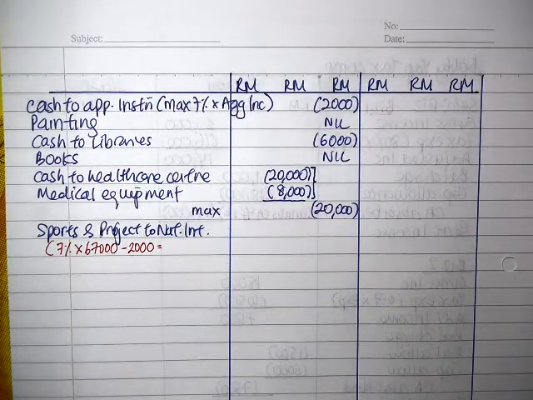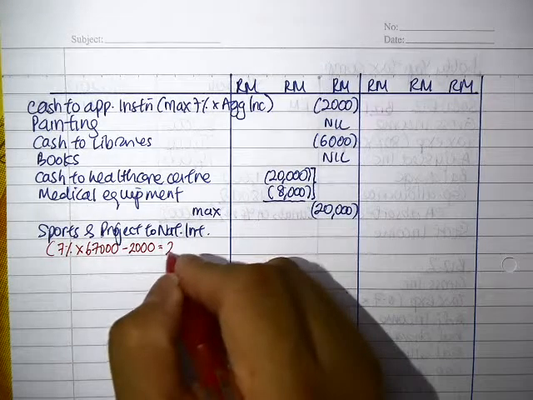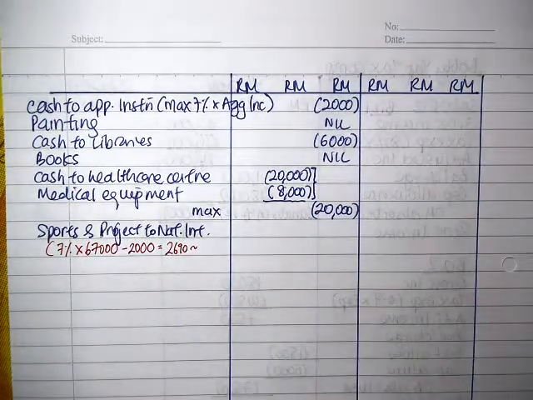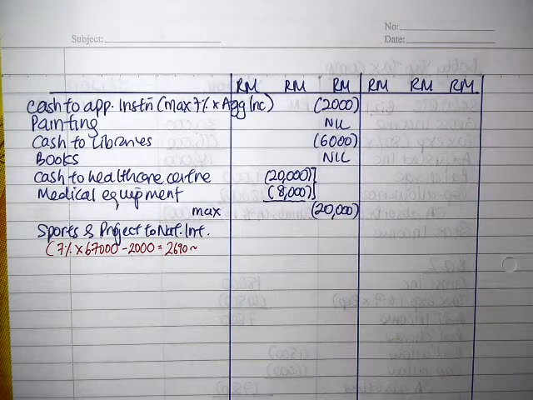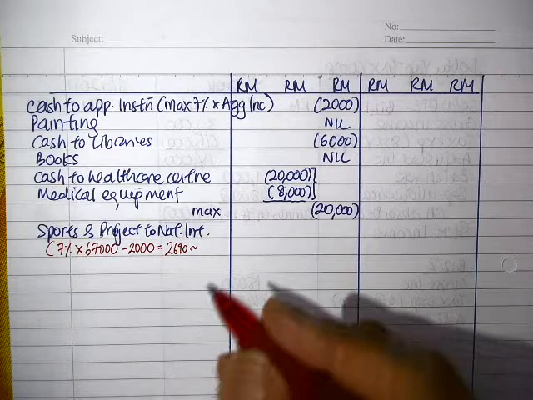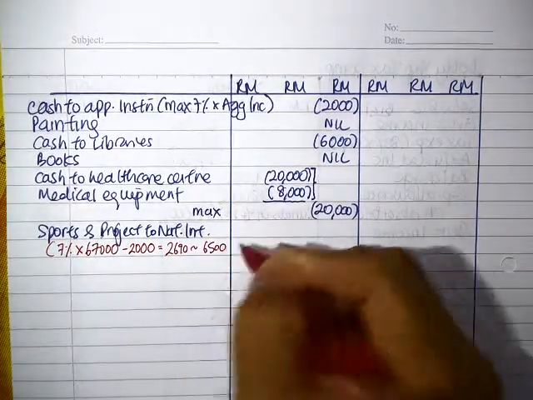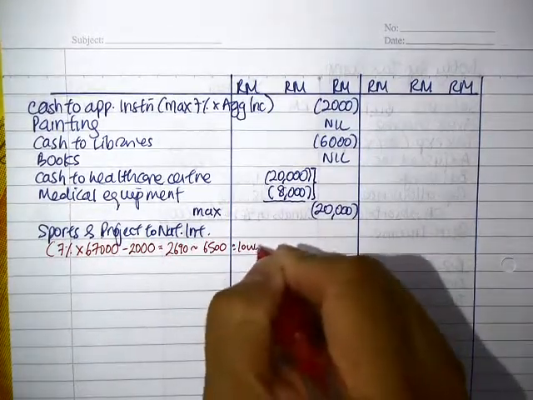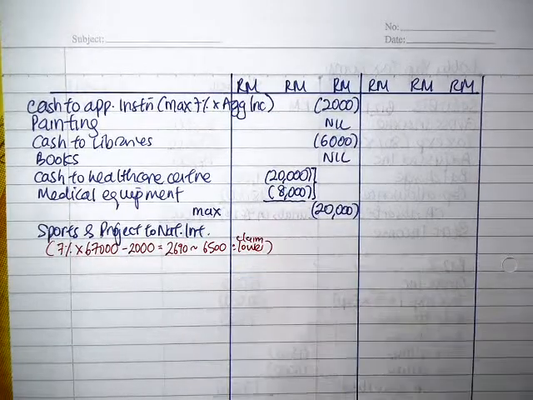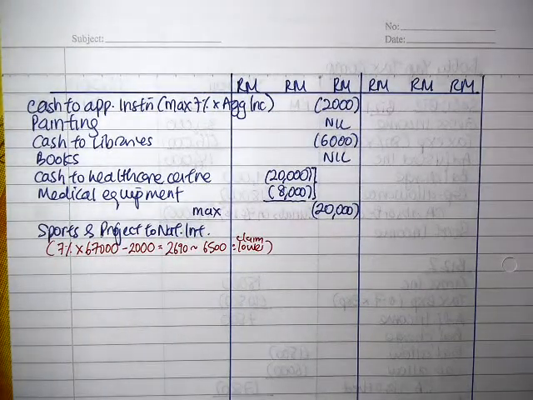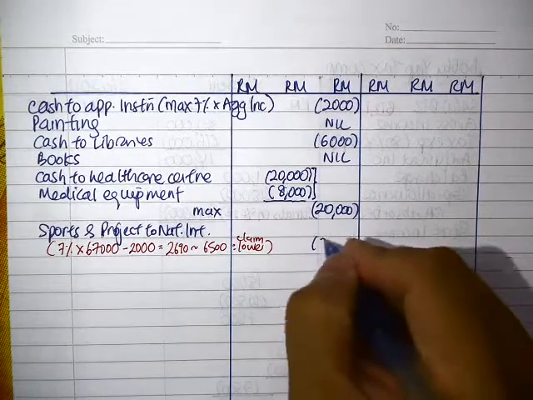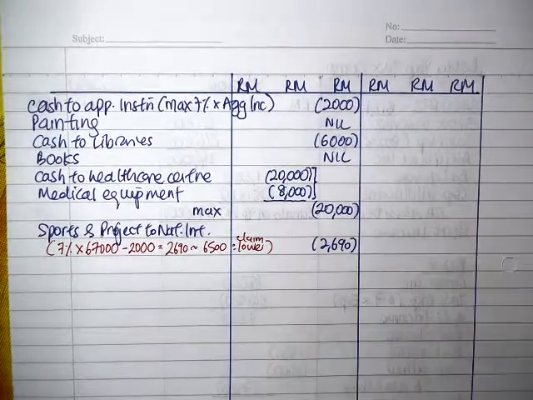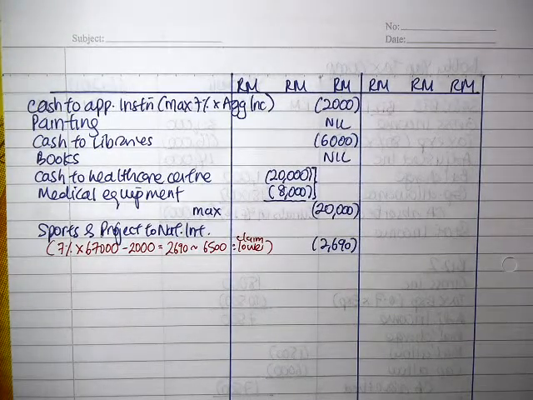That will bring you to 2,690, and you compare with the actual donations, which come to 6,005 in total, and you claim the lower. So if that's the case, the lower is 2,690, right?